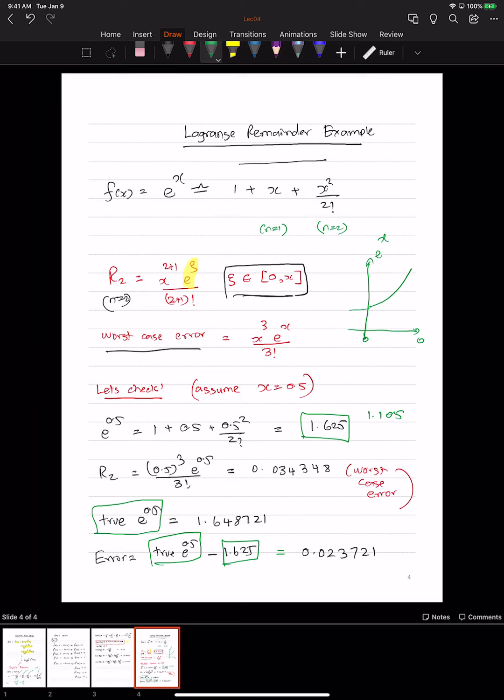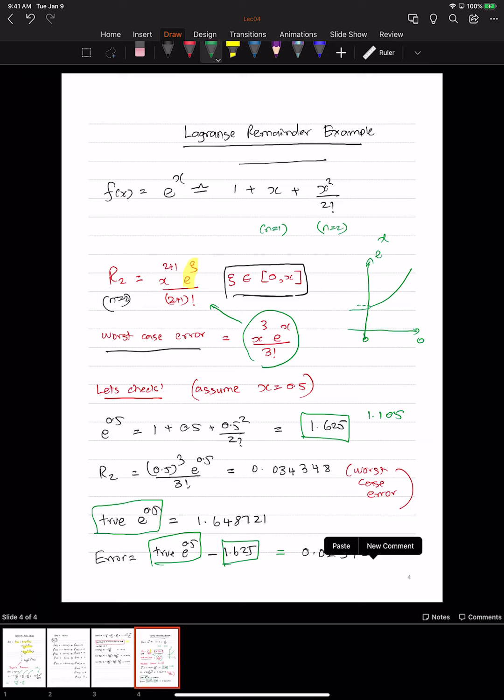So at least for x greater than 0, I would select x as the worst case scenario, and it cannot be negative. If it's negative, it's going to be slightly less than that. So I select x for psi. That makes the worst case error for positive x to be x cubed times e to the power x divided by 3 factorial.